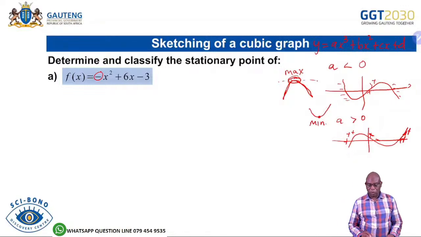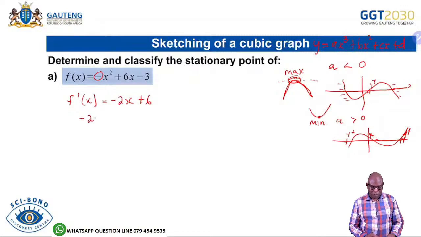So let's check this one first. First, we need to determine the stationary point. How do I determine it? Remember, a stationary point is when the gradient is 0. So how do I get the gradient? We differentiate. So I'm going to differentiate this one, plus 6.